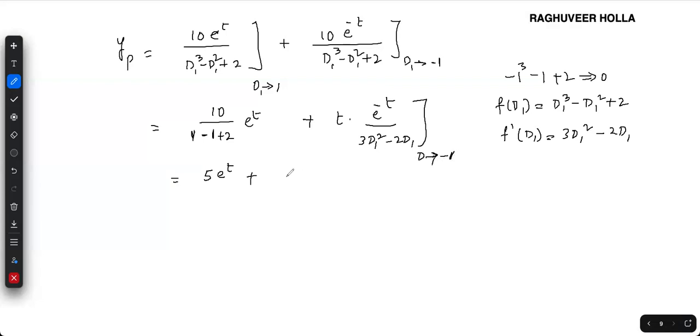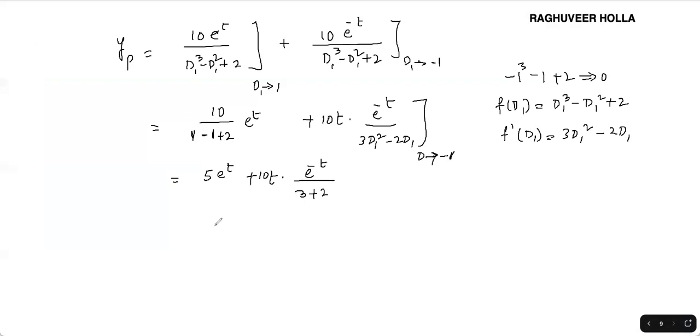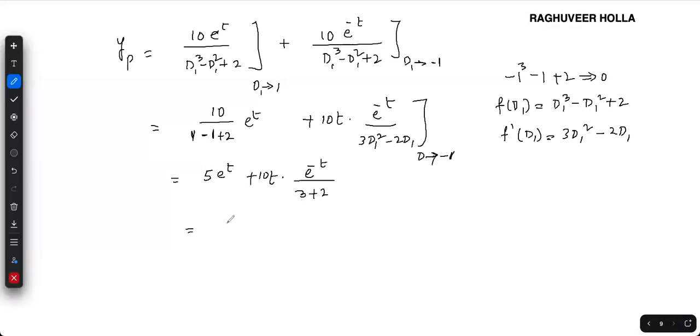So this is 10 t e to the power of minus t divided by (3 plus 2), so yp is 5 e to the power of t plus 2 t e to the power of minus t.